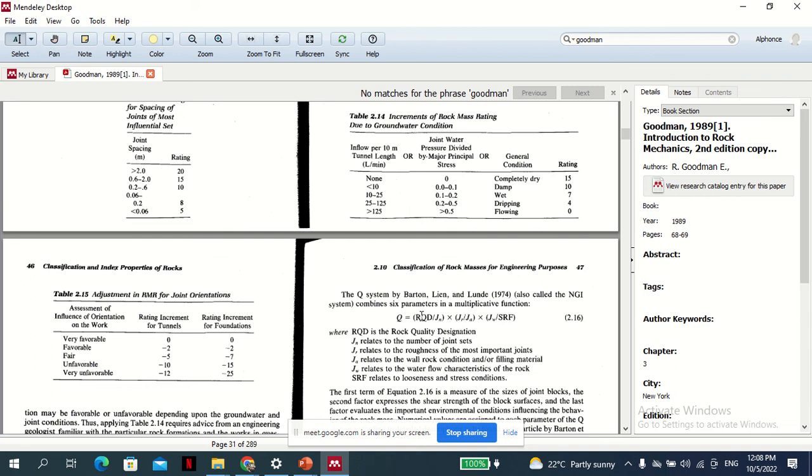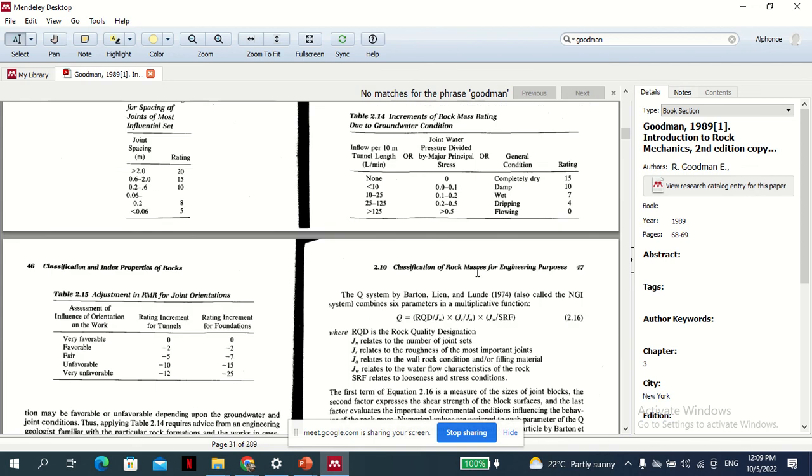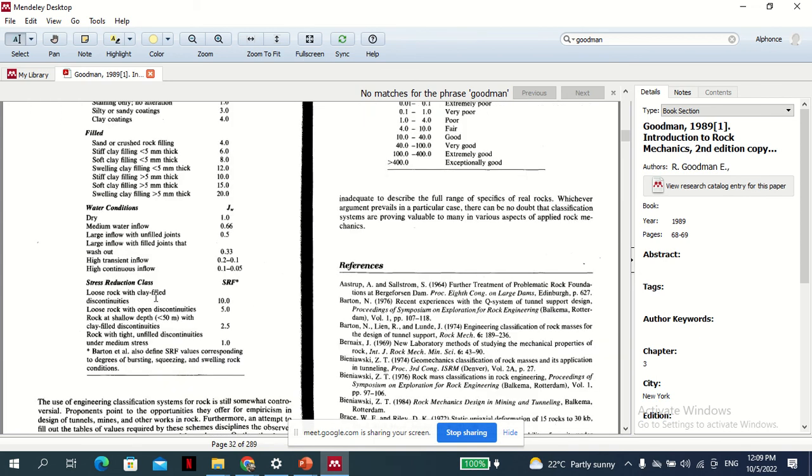You can see we base this again on RQD, and these other factors of J. You can see how much prominence is given to the joint. And then with some other factors, these have actual values depending on the nature of the jointing, the values of Jn, Ja and Jr, and also the SRF.